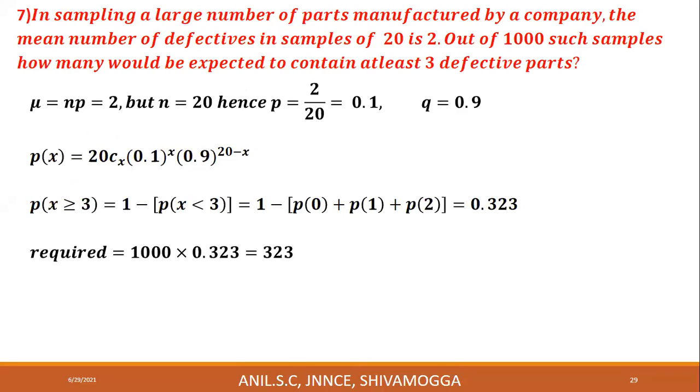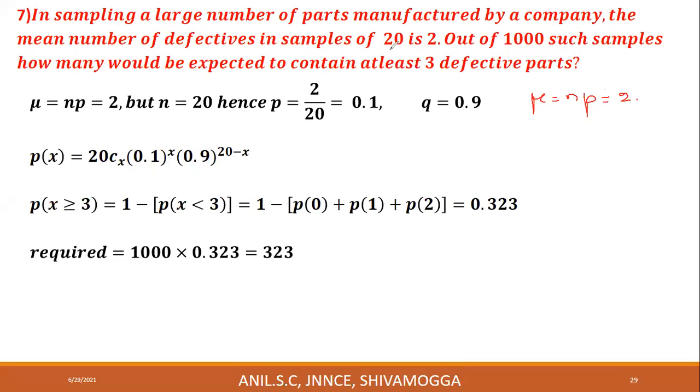In sampling a large number of parts manufactured by a company, the mean number of defectives in a sample of 20 is 2. Using this statement, we can find P and Q. Mean is 2. Mean means mu. Mu is equal to 2. Mean mu is given by N into P, and this is equal to 2.